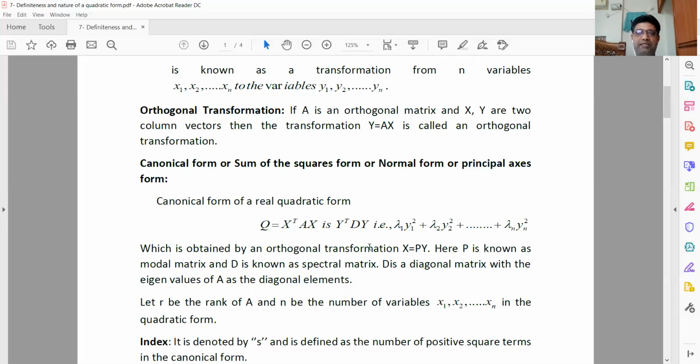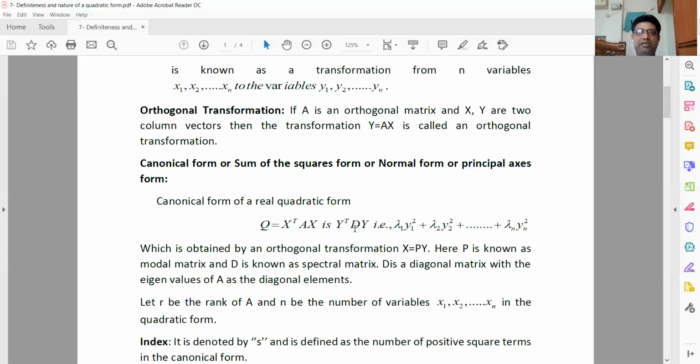Suppose I plug this x equals Py in here, what happens? Instead of x, Py will come. X transpose means Py transpose, that means it becomes y transpose P transpose. So instead of x transpose you will get y transpose P transpose A, and instead of x, Py. That means P transpose AP will be there. But what is P transpose AP?